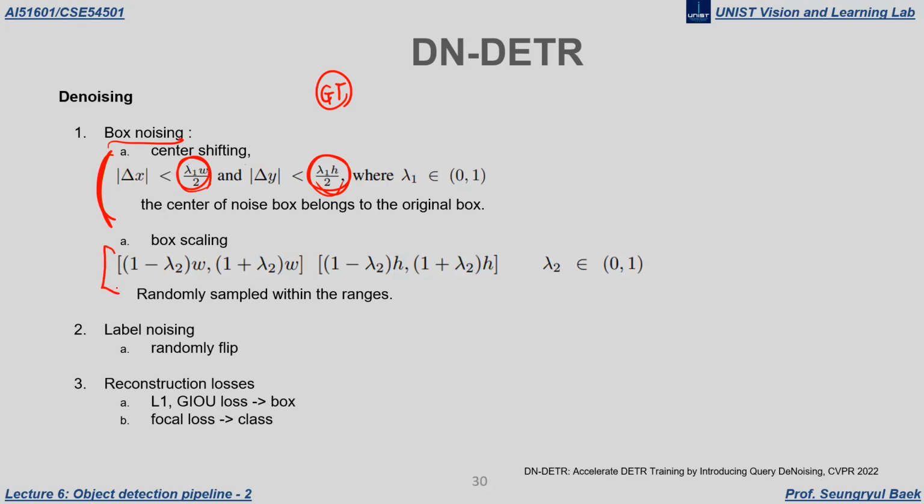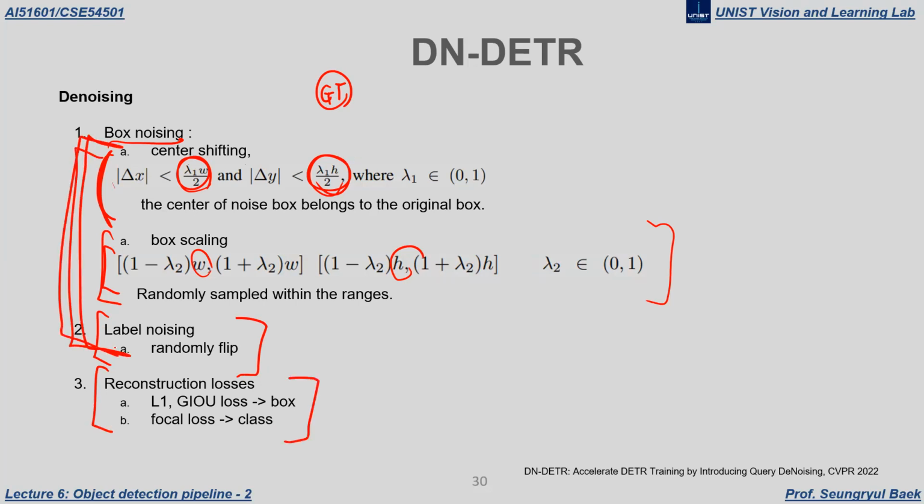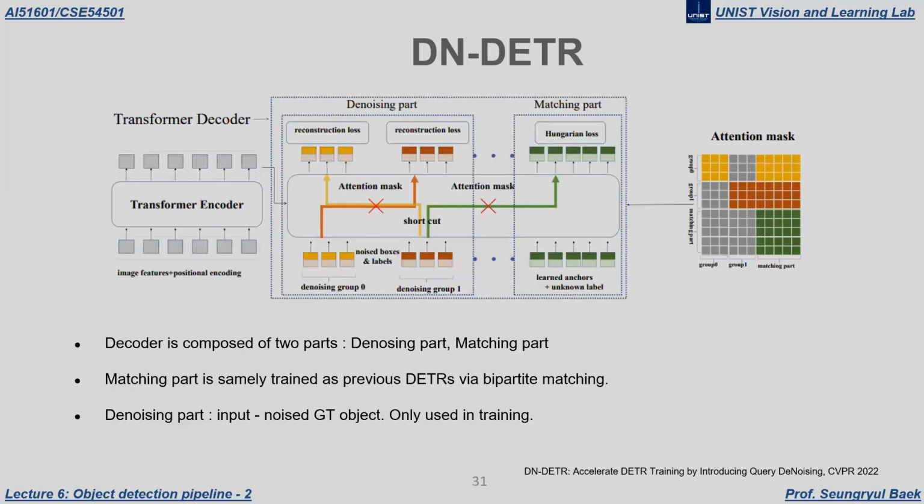And also the scale, width and height, are also added with some noise. And also they are randomly flipped, okay? Anyway, from this noised ground truth, they are learned to denoise it, okay? That is the DN-DETR, okay?